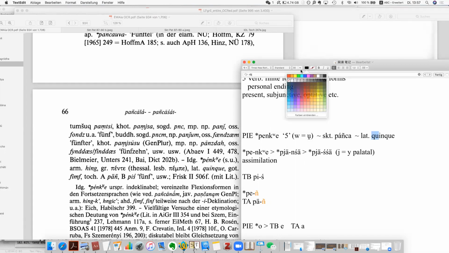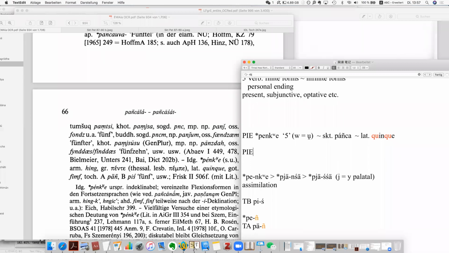So what happened here? There's a sound change in Latin that if we have a p and a qu, if we have these two consonants, it will become two qu.